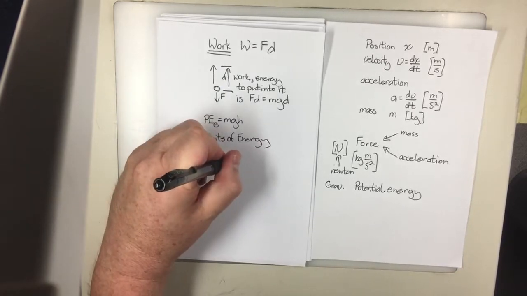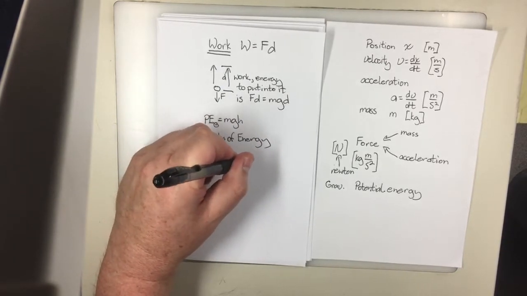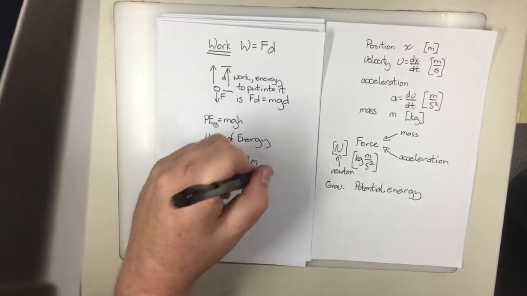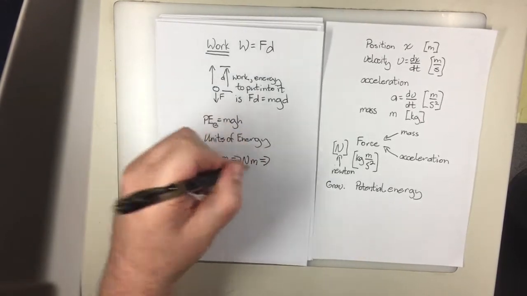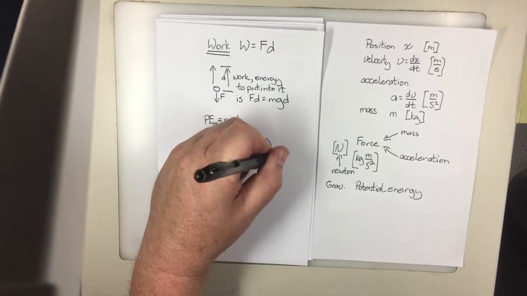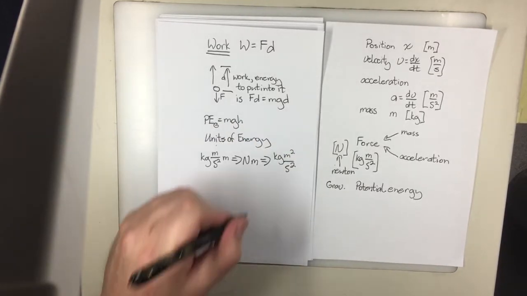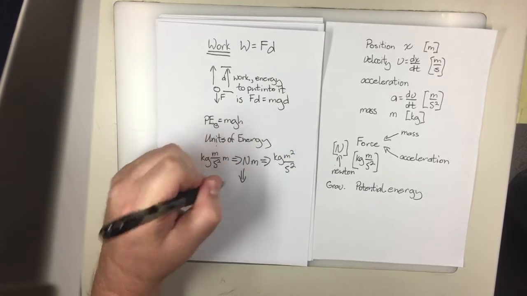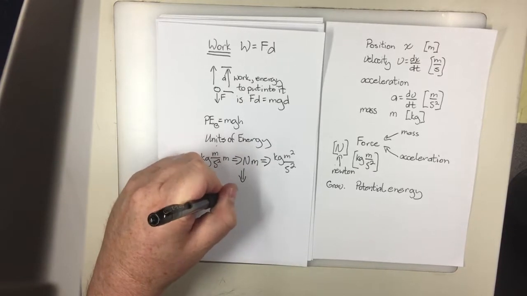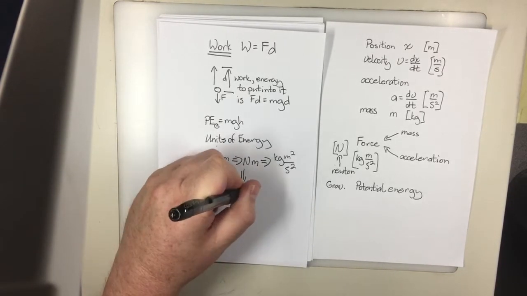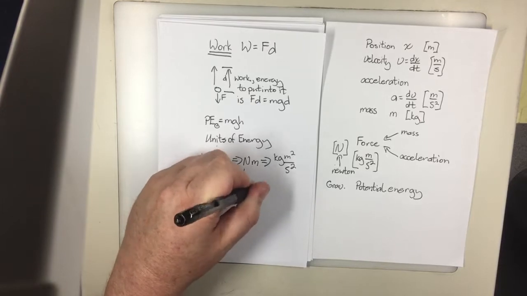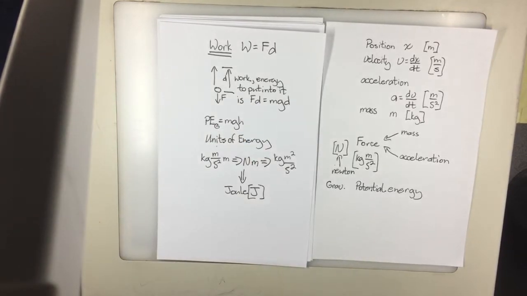So you could express this as either a Newton meter, or you could express it as a kilogram meter squared per second squared, or more simply, you can express it as a joule. So the joule is the unit of energy.